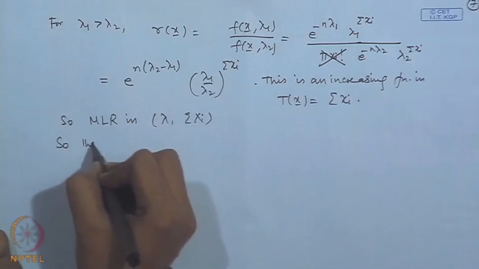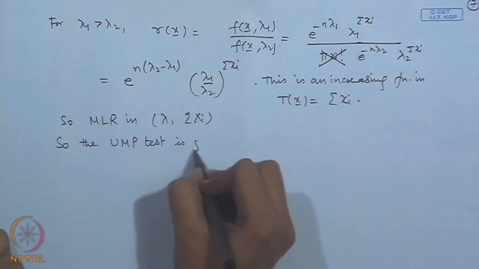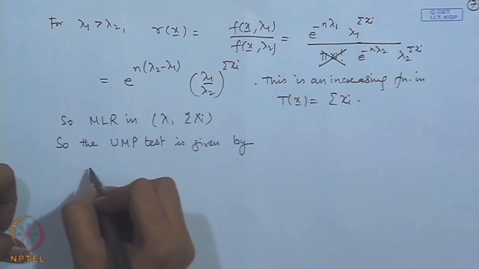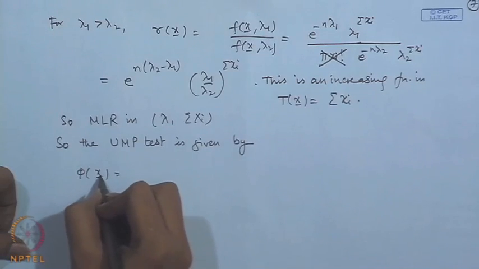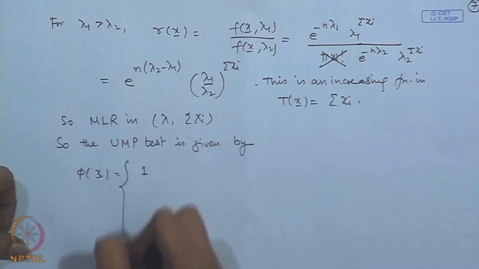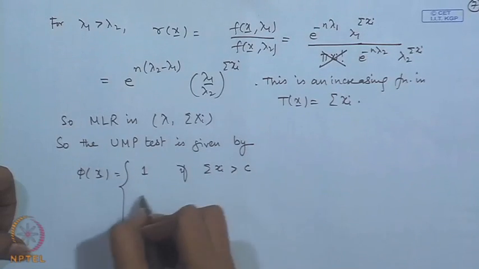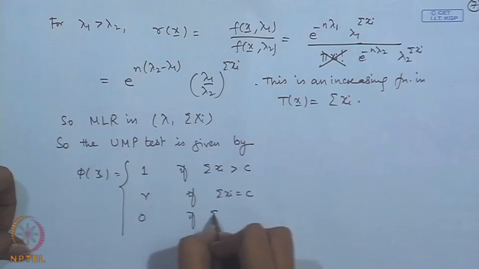The UMP test is given by phi(x), where x means x1, x2, ..., xn: it rejects if sigma x_i is greater than c, it rejects with probability gamma if sigma x_i is equal to c, and it is 0 if sigma x_i is less than c.